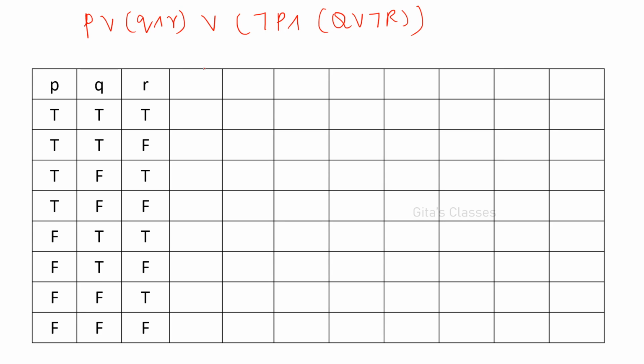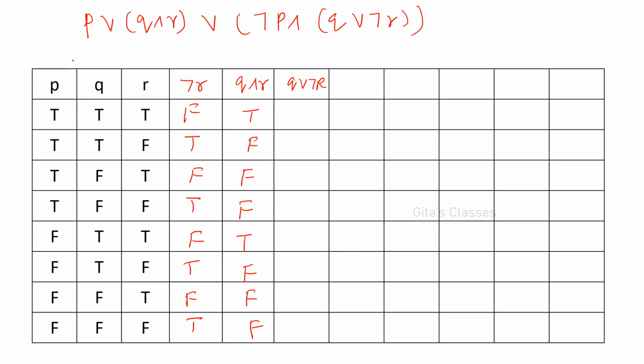First is not R, Q and not R. Not R means F, T, F, T, F, T, F, T, just the opposite of R. Now Q and R. Whichever you want, you can do Q or not R, or Q and R. Now I'm taking Q and R. So these values will be T, T, F, F, F, T, F, F, F.